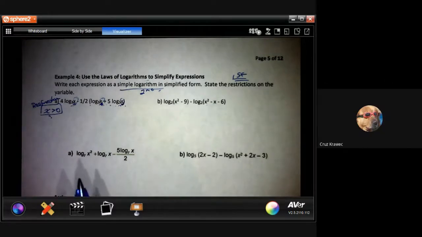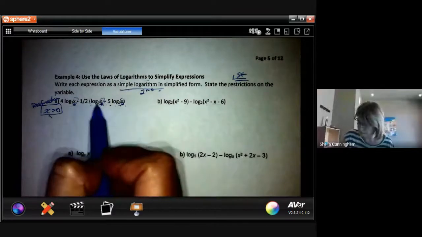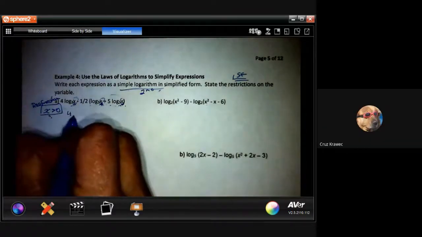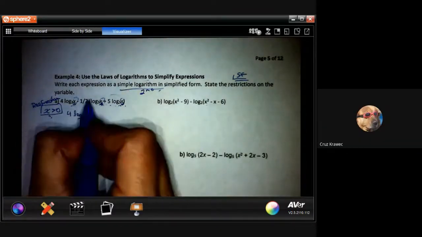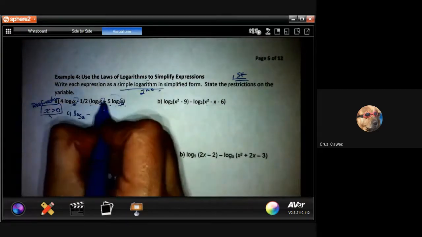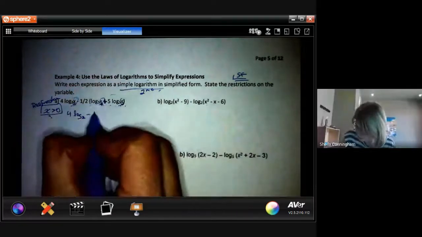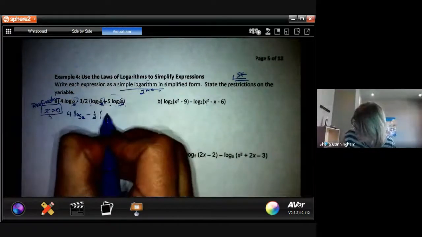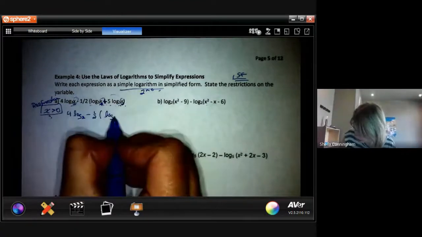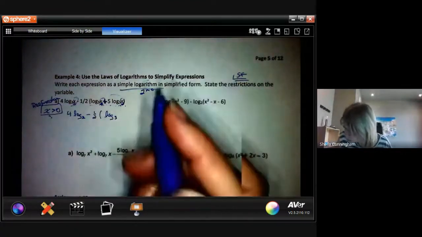The bracket? Okay, so what's happening in here? You've got an addition in there, right? So you've got a log 3 and you've got x.